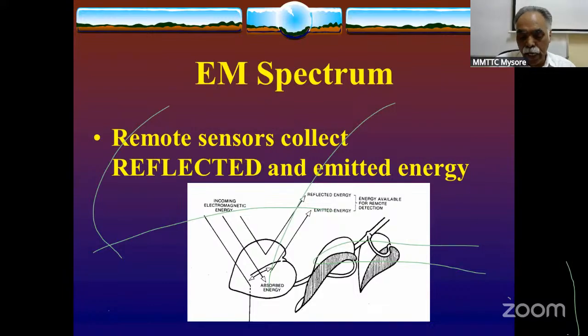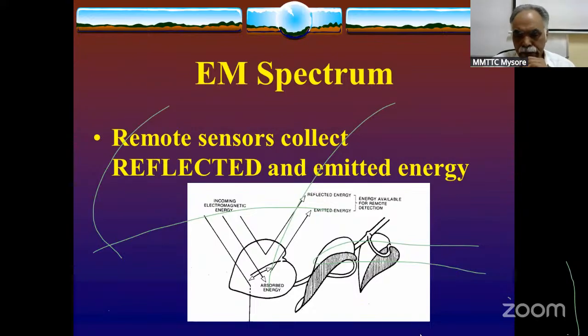What it has gained from the sun, it will be discharging. That discharging is called emitted energy. Reflected means immediately, without any lapse, it goes back. Emitted means what has been absorbed and then released.